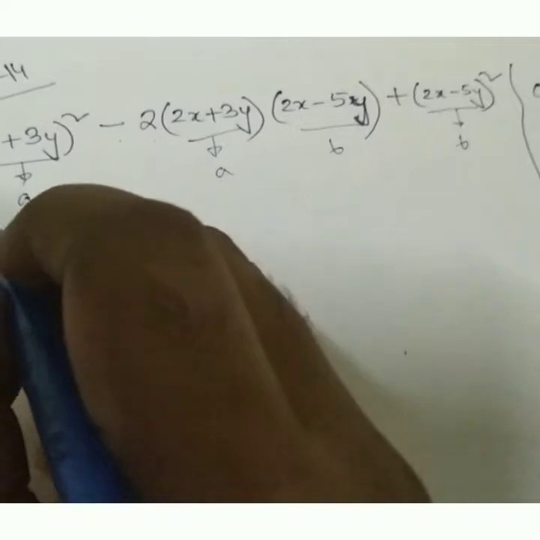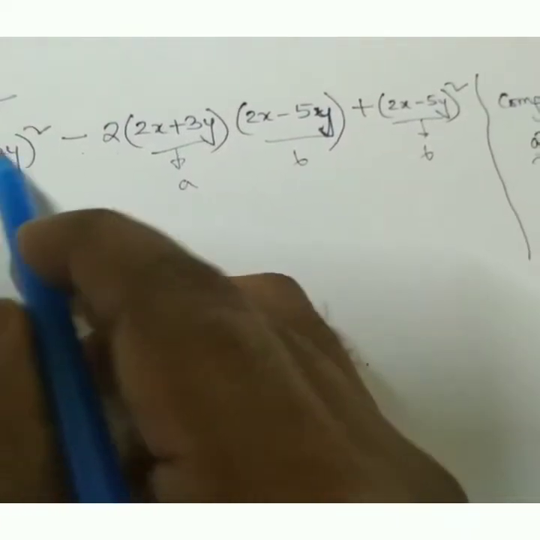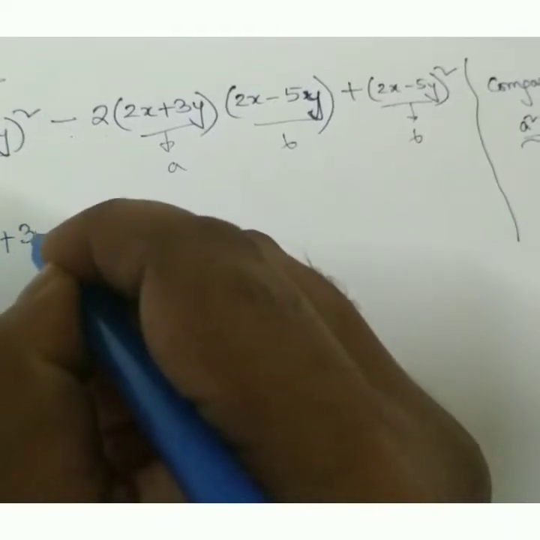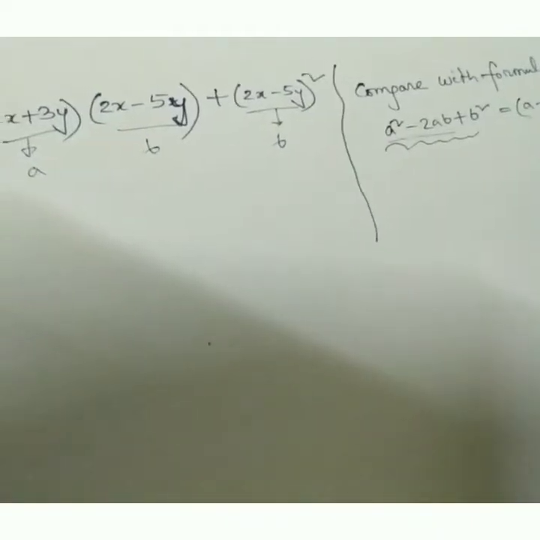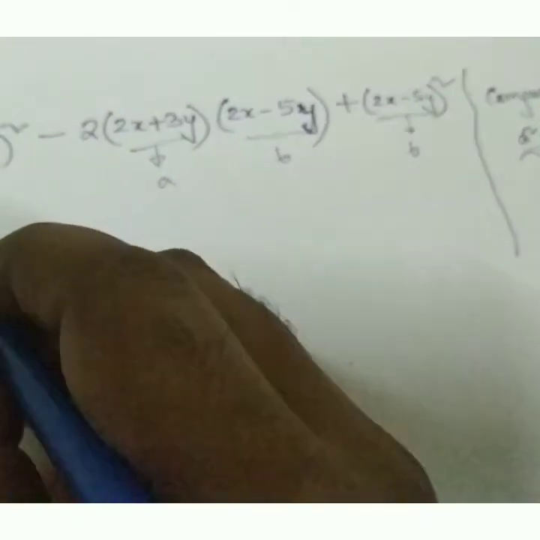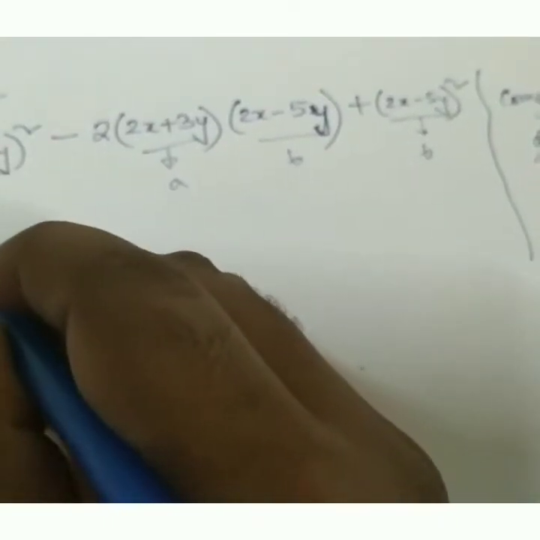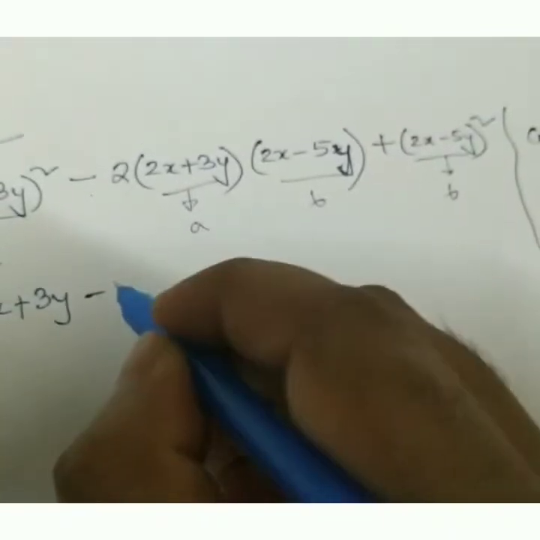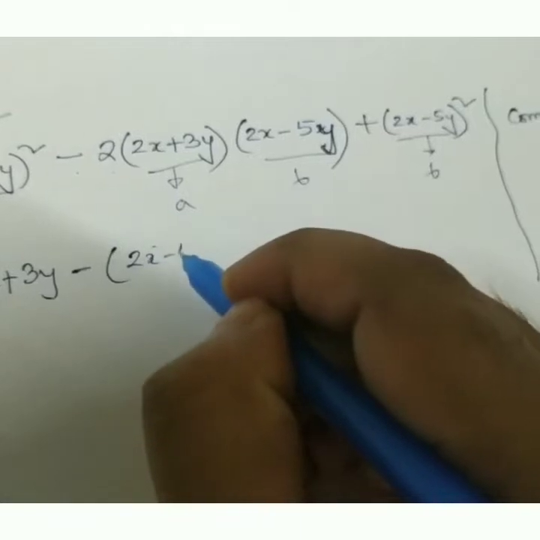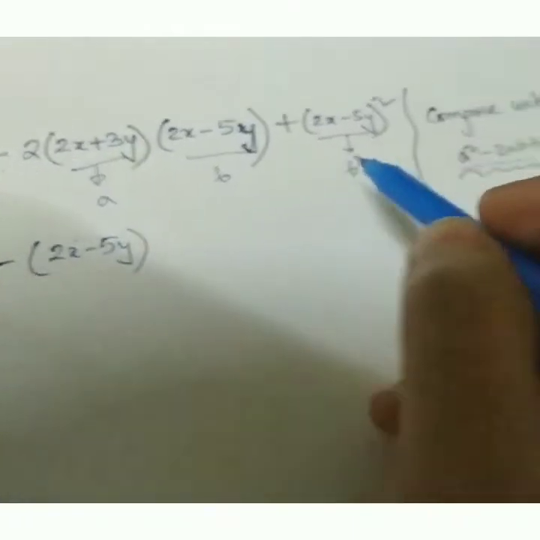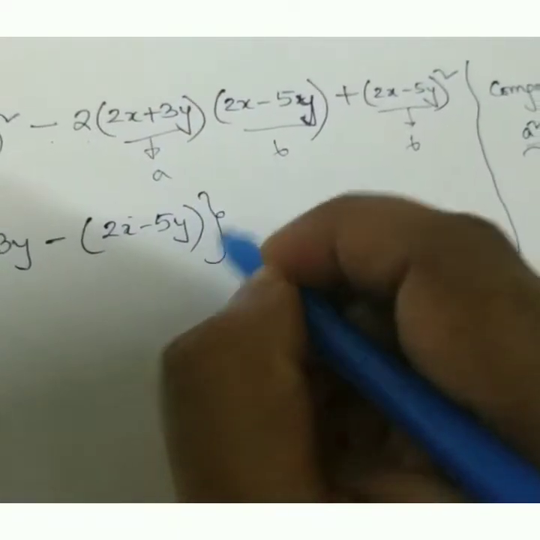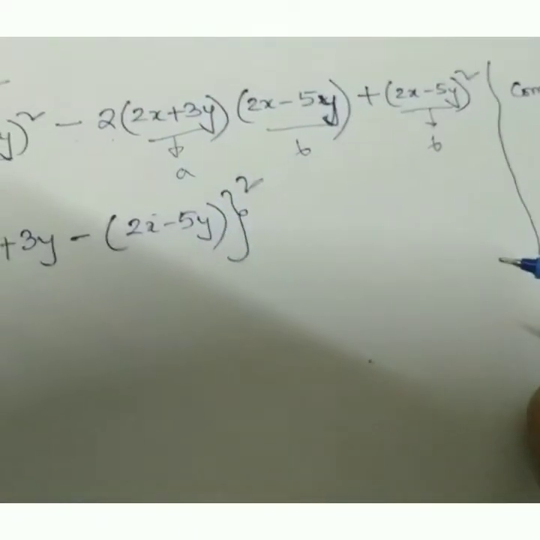So we can write it equals to, a is what? 2x plus 3y, then minus b, what is b? 2x minus 5y. We use the second bracket, minus 2x minus 5y, and this is in the whole square format, so outside of it we put a square.